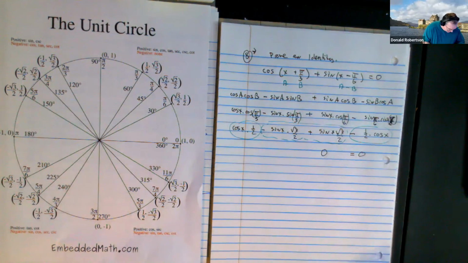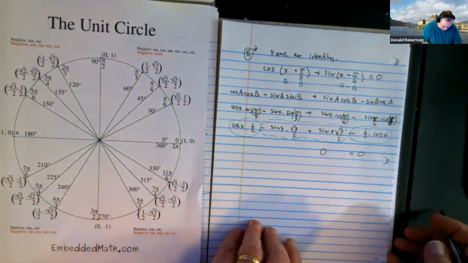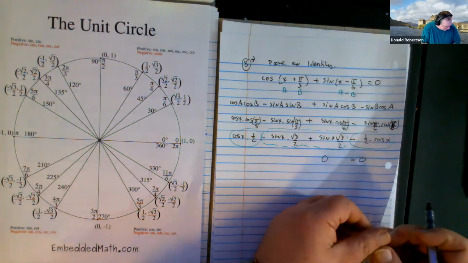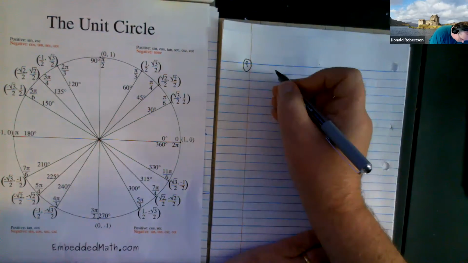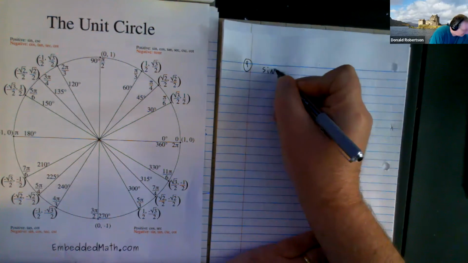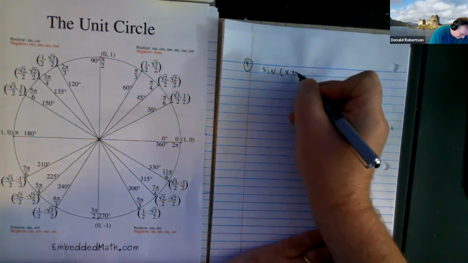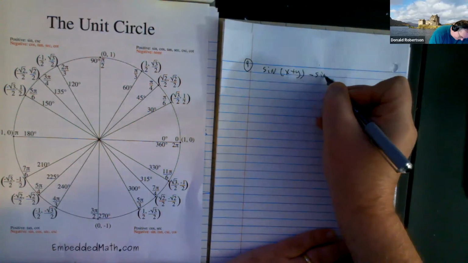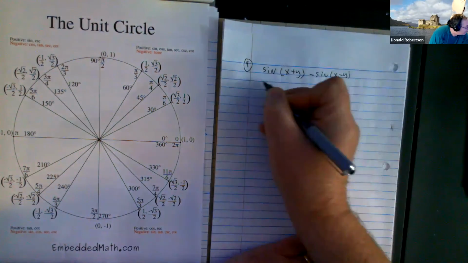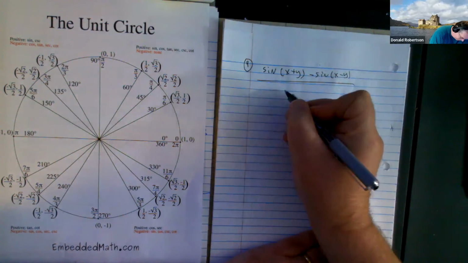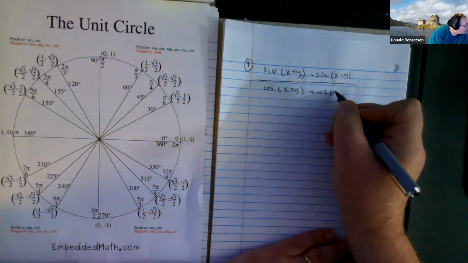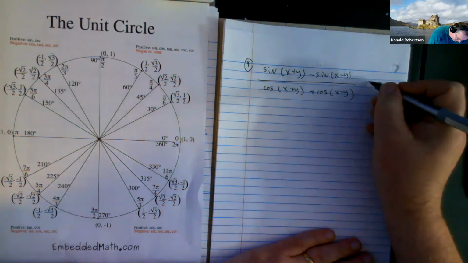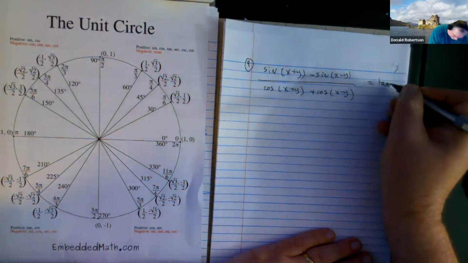Okay, next one, there's only 3 of these guys, but they get progressively uglier to prove. How about this one for scary? Prove the identity that this ugly fraction that I'm writing down right now, the whole ugly thing, ends up being the tan of y.